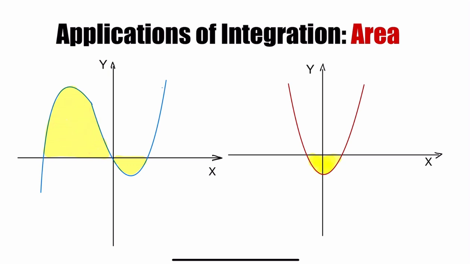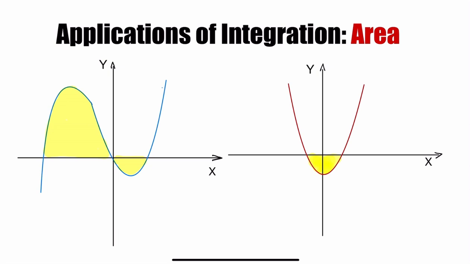This is a really important concept in calculus because it helps us understand how much space is actually between a curve and the x-axis. So the first thing we will start with is if a function is always positive.